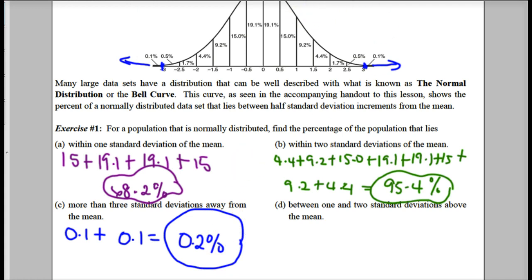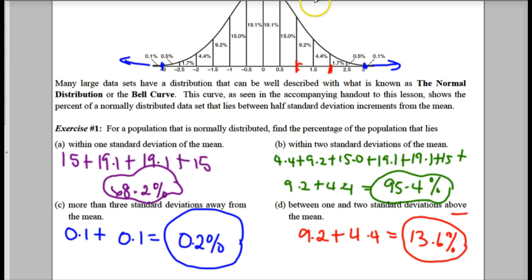Now the last one says, what is the percent between 1 and 2 standard deviations above the mean? So this is positive. Between 1 and 2, which is 9.2 plus 4.4, which is actually 13.6%. Okay, so I really want you to be able to understand this diagram.